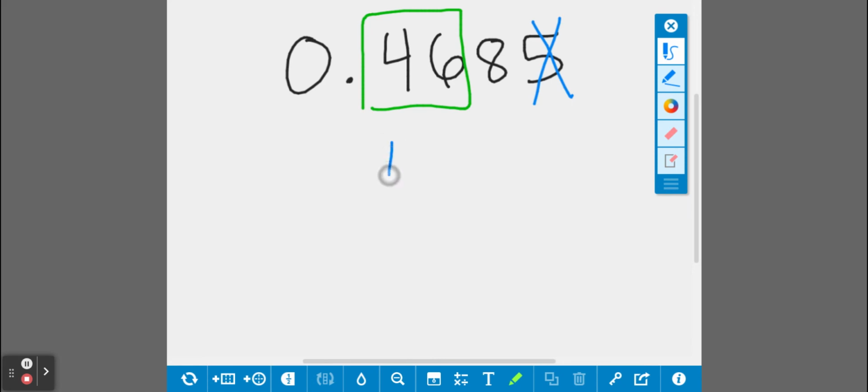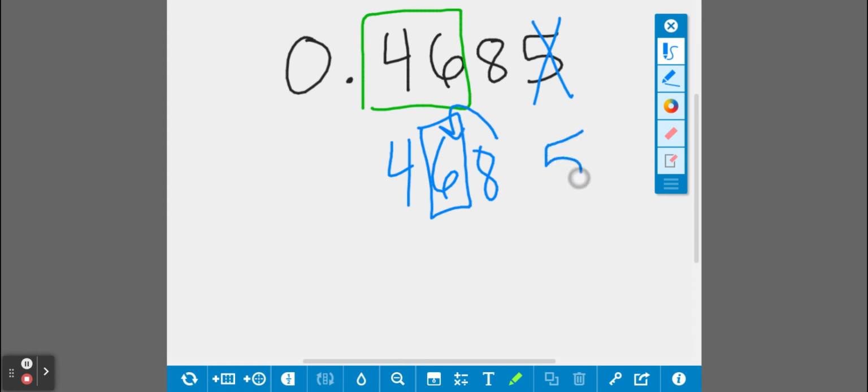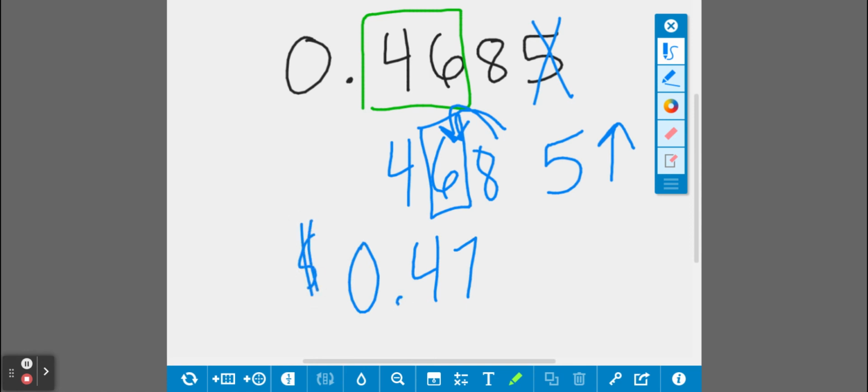So 468, rounding to the nearest 10. Who's knocking on the back door? Uh-oh, it's an 8. So the rule is 5 or more, we're going to raise the score. We're going to add one more to the 6, so that would turn it to 47. Your tax in this case would be 47 cents because we're focused on that.